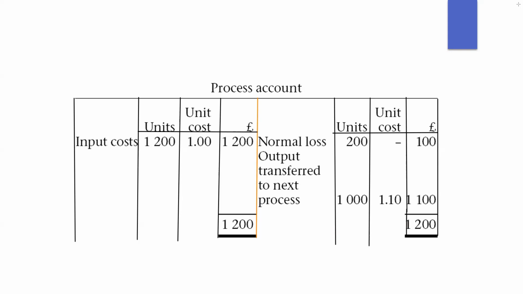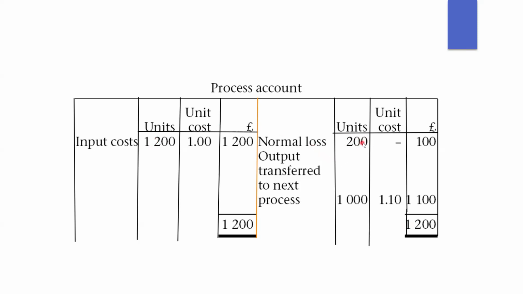So now you can see the process account. We have input of 1200 liters with 1200 pounds. Here it's mentioned that 1000 is the output which is transferred to the next process, and there is a 200 normal loss, that is 1/6 of the input.